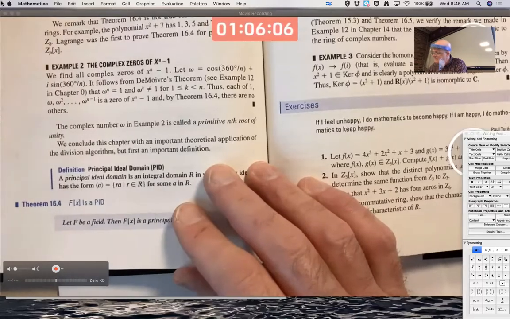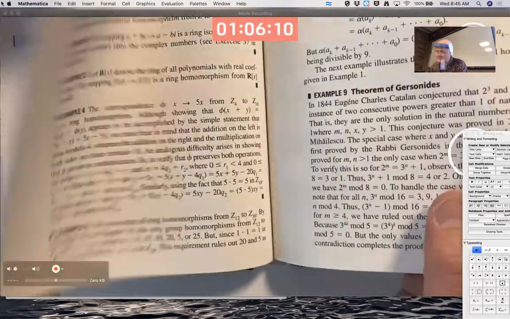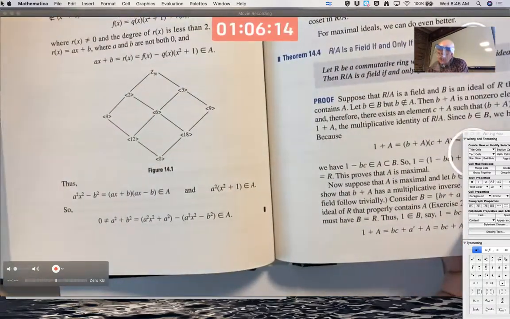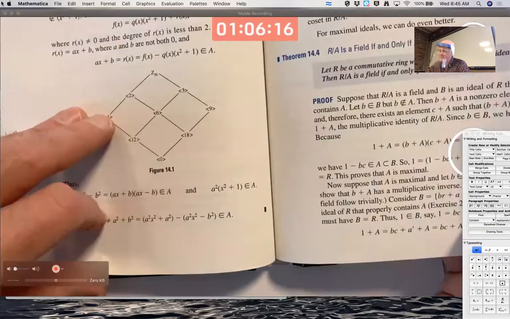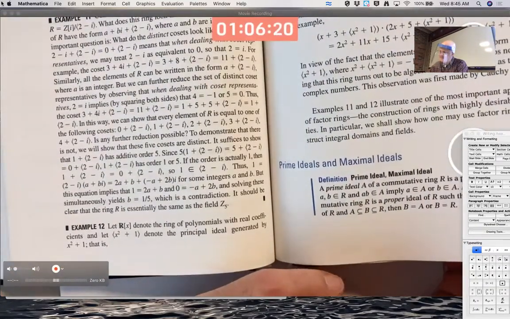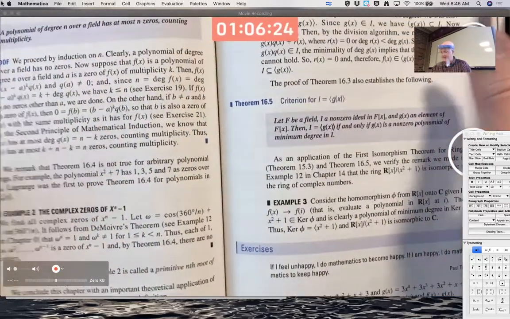It must have been in the section about principal ideal domains, chapter 14. I don't remember where it is. I'll look for it maybe after class and see if I can find it.